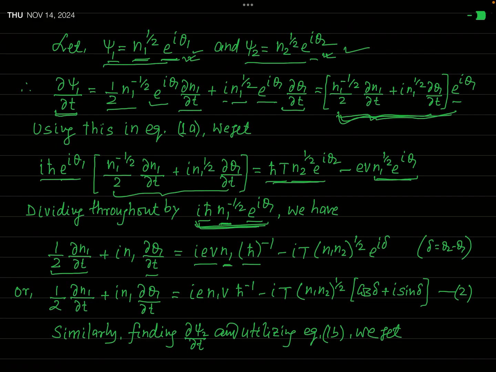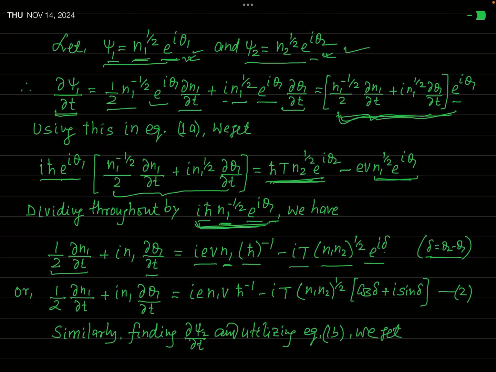And now when the first term is divided by this factor, you can see this ħ will cancel out. And there will be 1/i, which is minus i. So this is minus iT times (N1 N2)^(1/2) times e^(iδ). Here δ has been written instead of θ2 minus θ1, which is actually the phase difference.